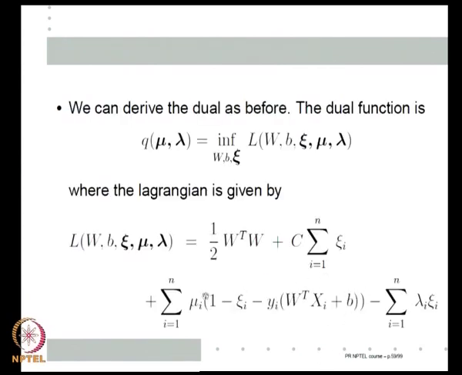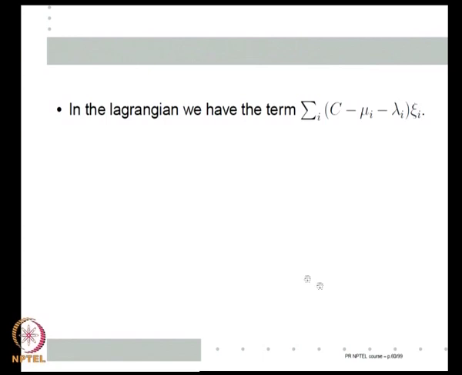What is the Ji dependence of this term? For each I have a Ji into C minus mu I minus lambda I term. So, for a given lambda and mu, if C minus lambda I minus mu I is not 0, then I can take that Ji to be as negative as I want when I am taking the infimum, or as positive as I want, and hence the infimum will be minus infinity.